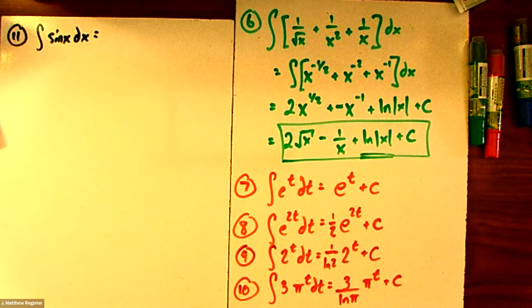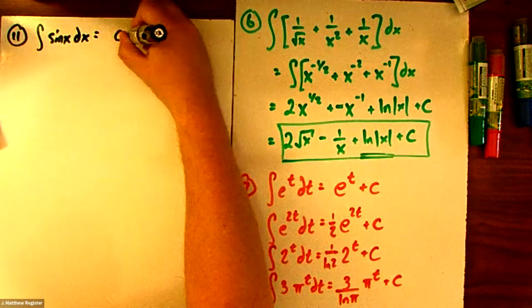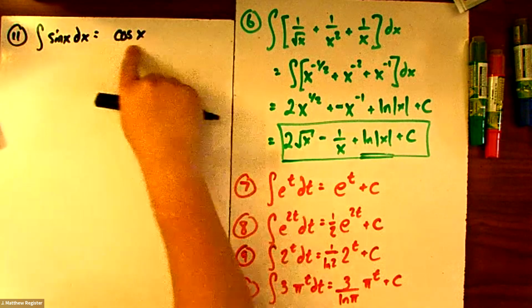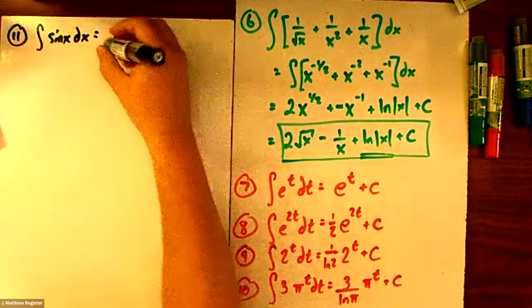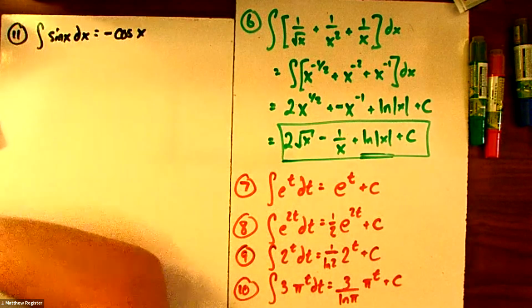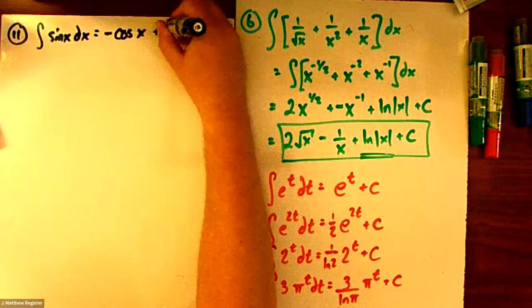And they just go back and forth. And so we would expect a cosine term here. But the question is it positive or negative? And we can check. If we take the derivative of cosine, we would expect to get a negative sine. And so to balance that out, we will throw another negative in, because a negative times a negative is a positive. Plus c.